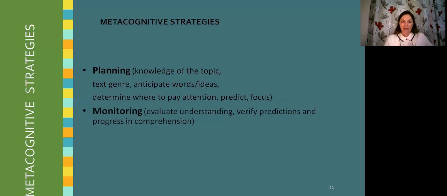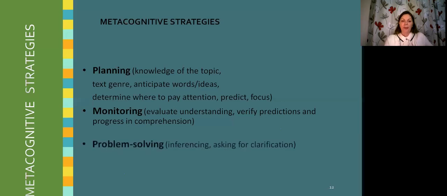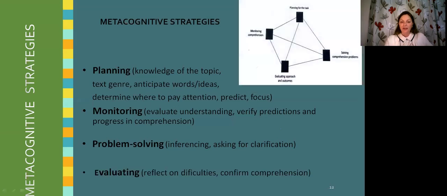Then monitoring is the second stage, where we evaluate understanding, we verify predictions, and progress in comprehension. Problem solving is inferencing or asking for clarification. And evaluating, we reflect on difficulties and confirm comprehension. These processes are not organized, they often overlap.